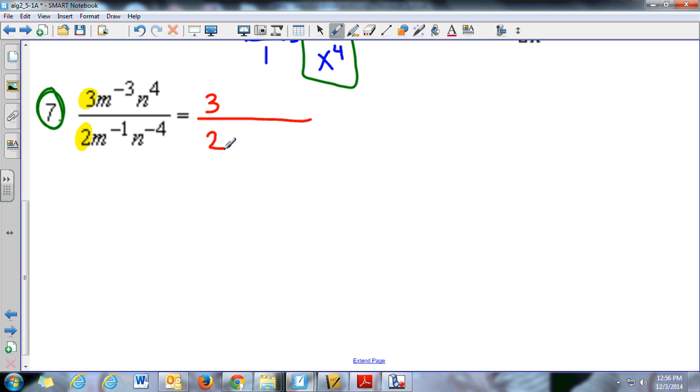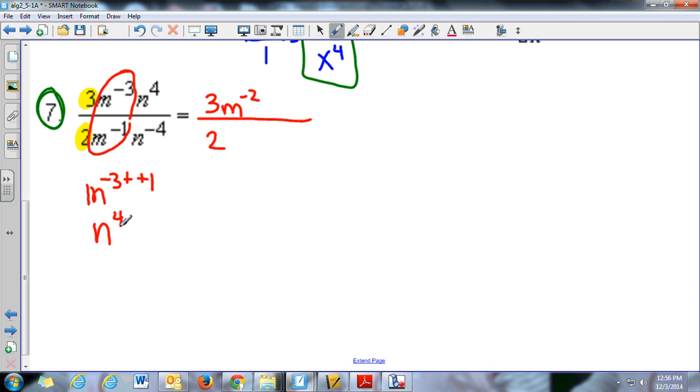So using my rules for division, I know that I want to take and subtract my exponents. So m to the negative 3 power, or negative third power, minus negative 1. Minus negative, add a positive, that's m to the negative second power.